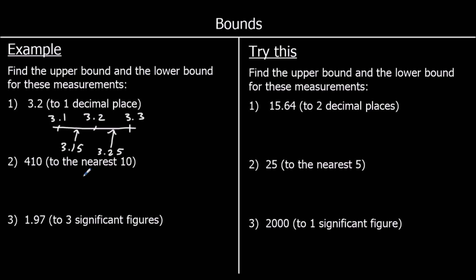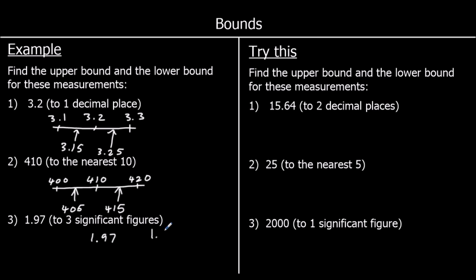410 to the nearest 10. So to the nearest 10, the one up is 420, the one down is 400. So the lower bound is halfway between 400 and 410, which is 405. The upper bound is 415. And 1.97 to three significant figures.